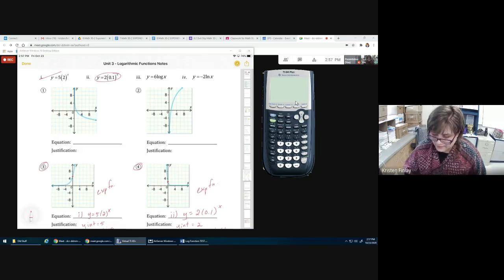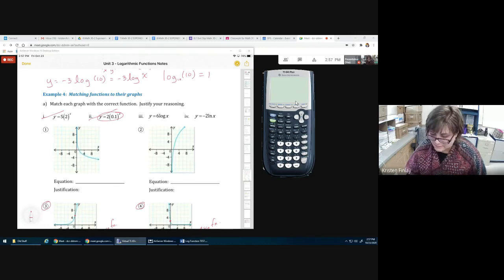Now, how do we figure out the other two? So that one's done. Well, I think we just need to look at whether they're increasing or decreasing, right? This one here is decreasing. So it's going to be y is equal to negative 2 ln x, right? It's decreasing, and it's a log, based on that shape.